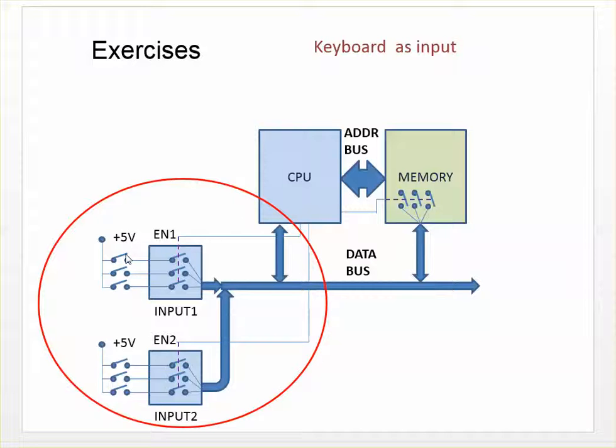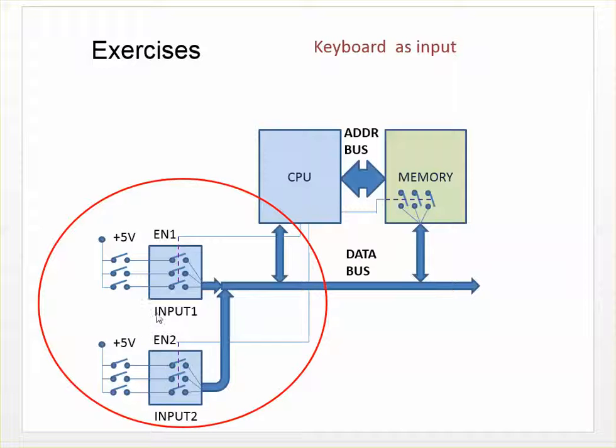If we would like to read the status of the switch, we have to switch on the electronic switch here for a very short period, which is controlled by the control bus from the CPU. When these switches are closed, the signal can go through the switch to the data bus, and the CPU can then read the statuses on the left side of these input circuits.